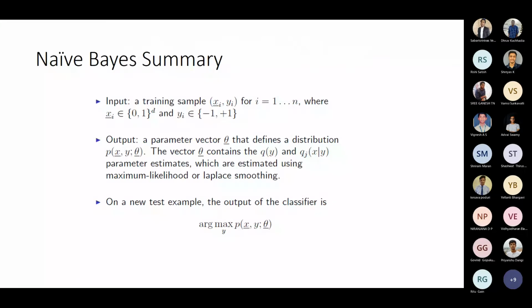Laplacian corrected probability value. So what happens here is the input is a training sample xi, yi for i equal to 1 to n, where xi belongs to the set {0, 1} and yi belongs to two classes, -1 and +1. Now your number of classes can be 3 also, it doesn't matter: C1, C2, C3, that is +1, -1 and 0.